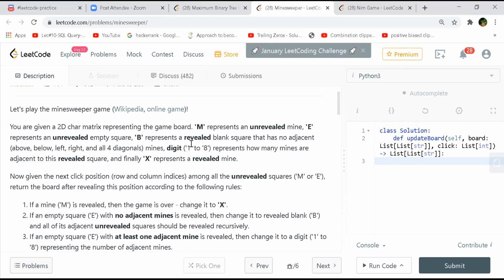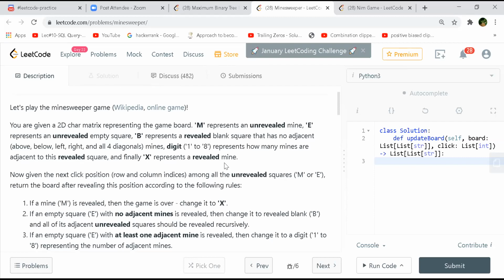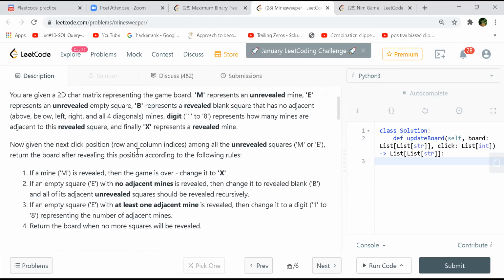And digits from 1 to 8 represent how many mines are adjacent to this revealed square. And finally, X represents a revealed mine. Now, given the next click position, the row and column, among all the unrevealed squares, we have to return the board after revealing this position according to the following rules.